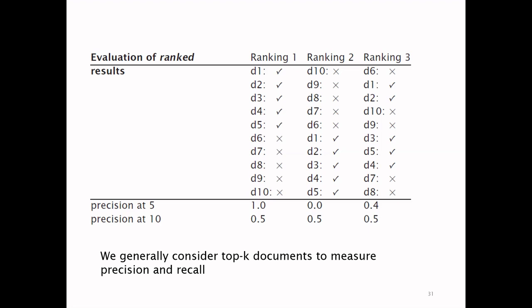Now, another thing about precision and recall is that their values will change if you change the number of documents that you retrieve. For example, if you retrieve 10 documents, then you will get a certain precision and a certain recall. If you retrieve 20 documents, then your precision and recall will change.